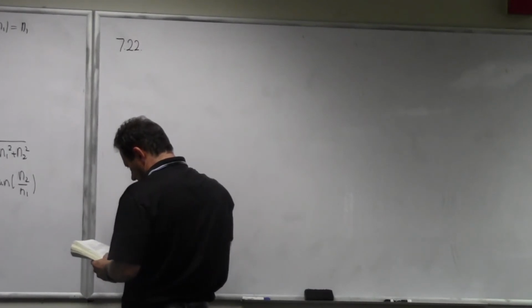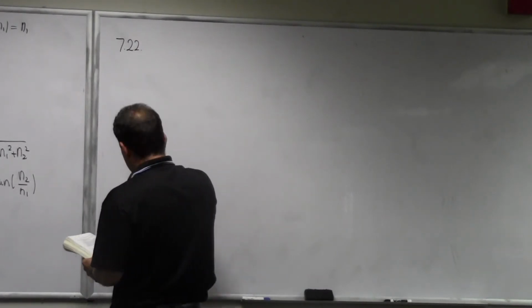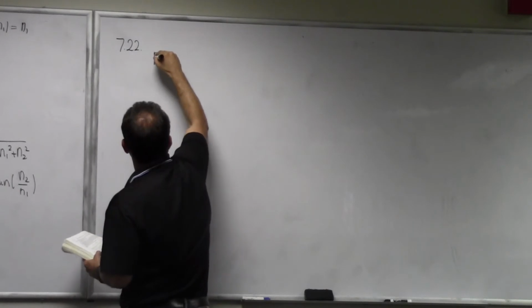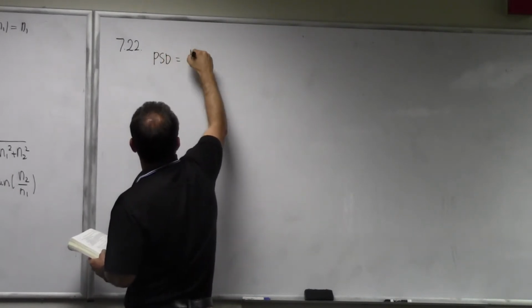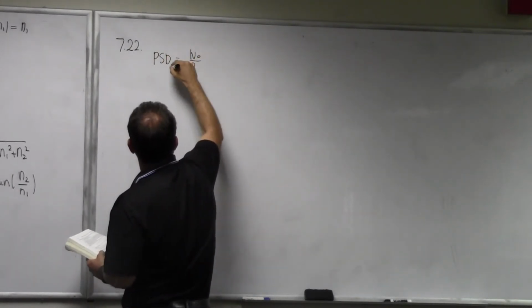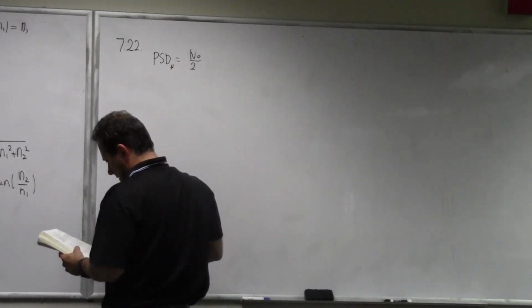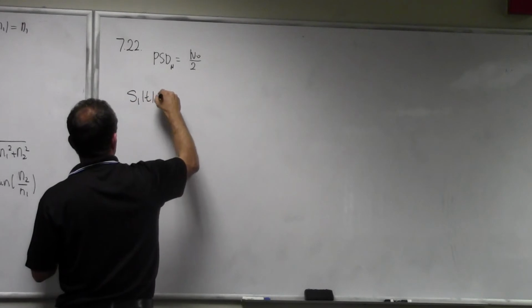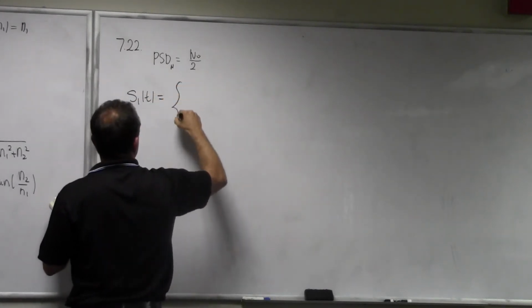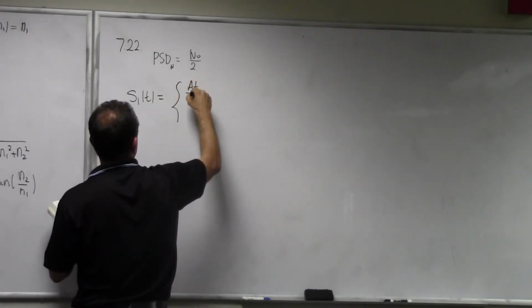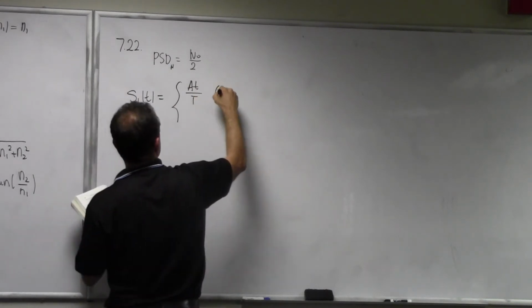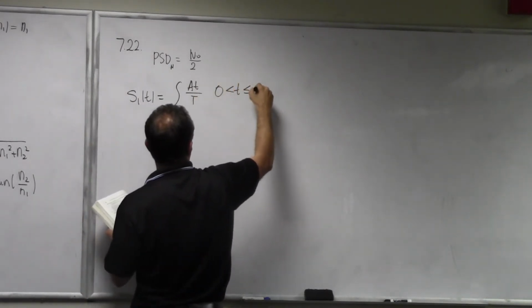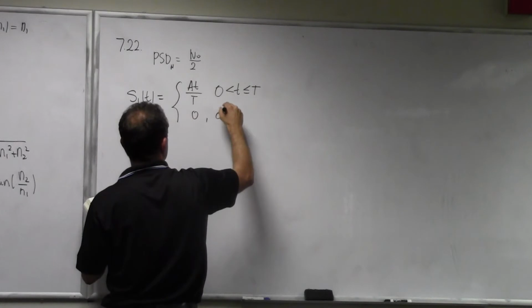In an additive white noise channel, the noise power spectral density is N0 over 2. We have two signals. S1 of t is given as A t over T for 0 < t < T, 0 otherwise.